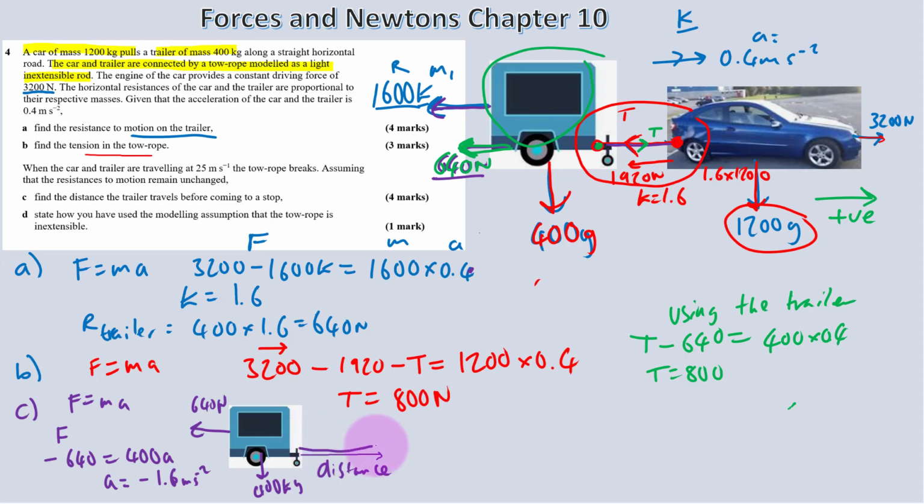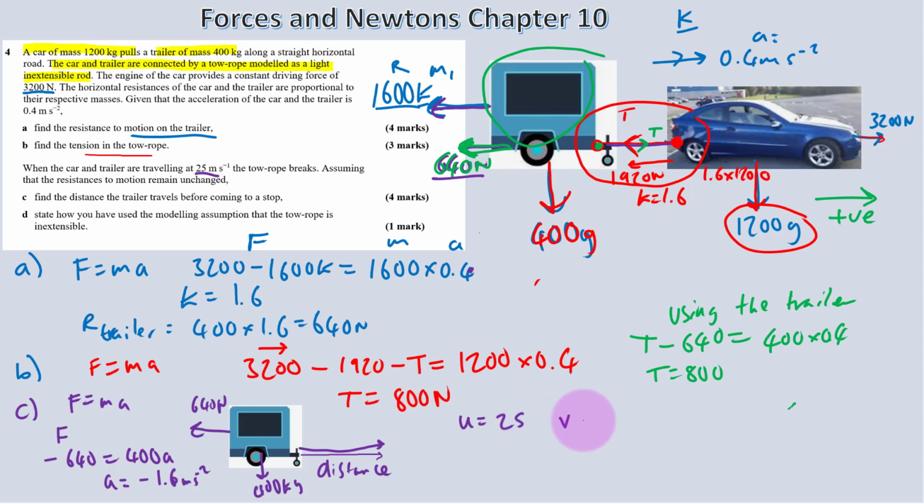It's traveling this way, probably at 25 meters per second, but it's going to slow down and decelerate, so it eventually stops. Now what do we have? We have u, the start before it brakes, that's 25.